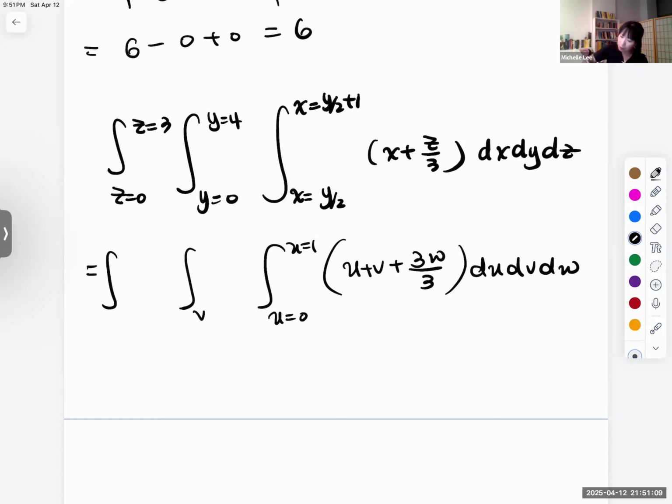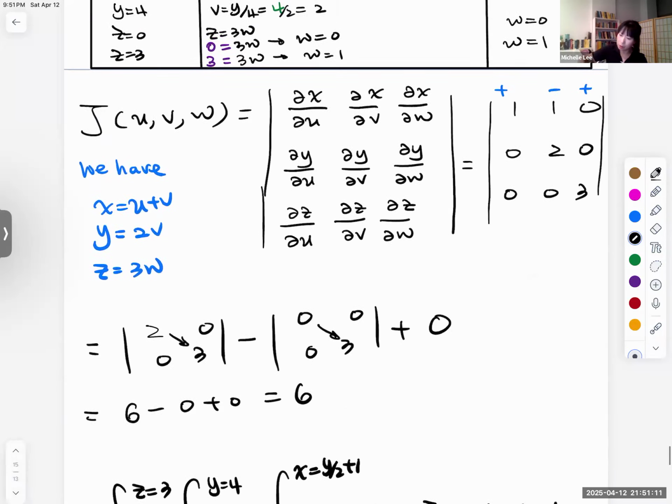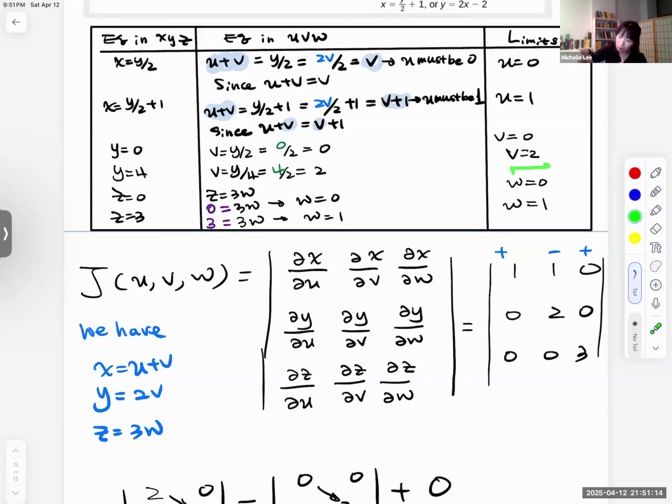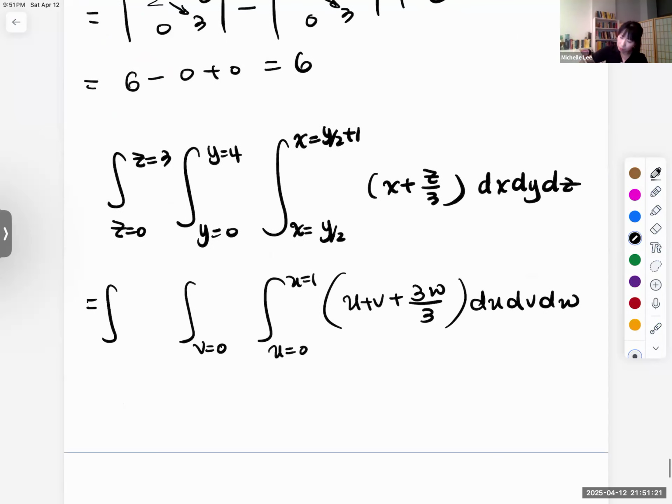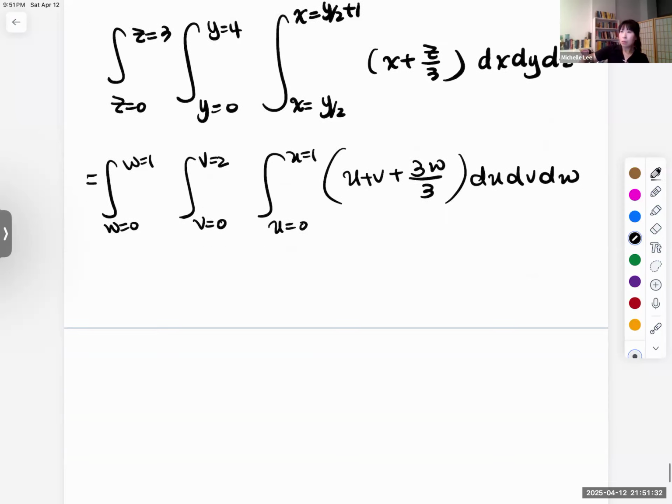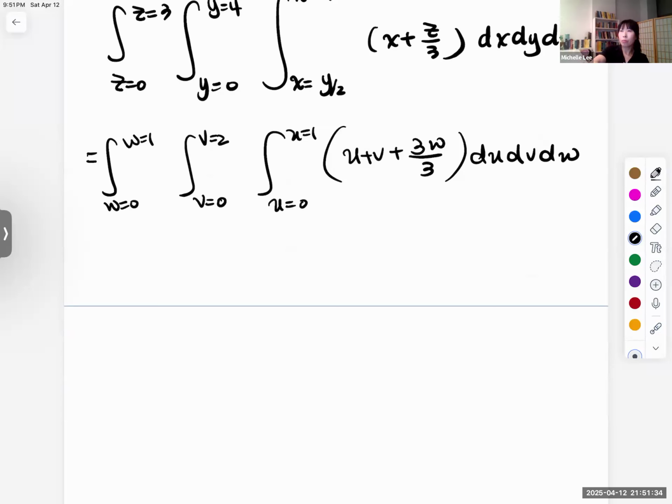And second one is v equal to 0 to 2, and w equal to 0 to 1, right? All right, so we have w equal to 0 to 1, v equal to 0 to 2.